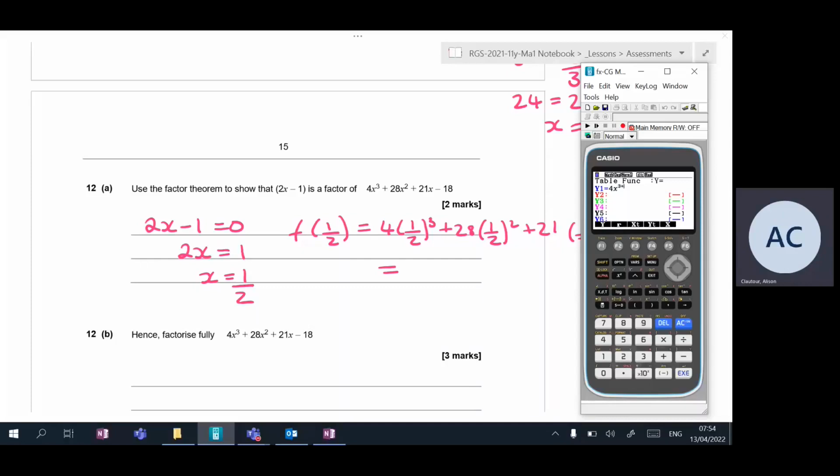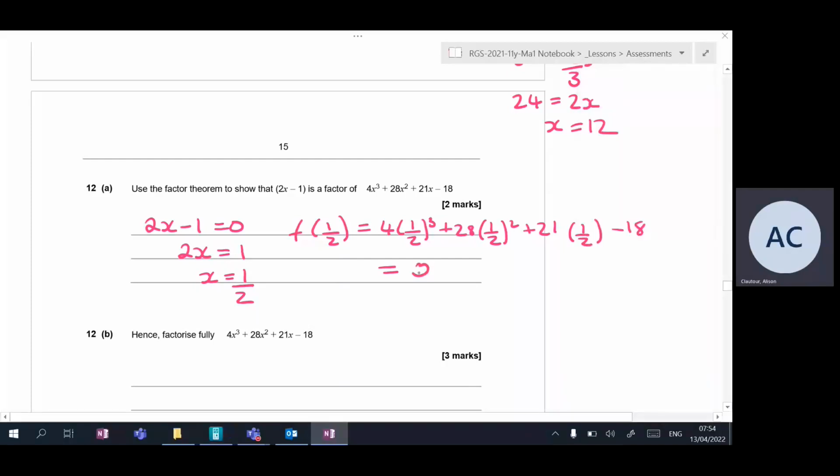So 4x cubed plus 28x squared plus 21x minus 18. Okay, so it'll give you a table of values and you can just overwrite. So if I type in a half, it will show me that it equals 0. So that's a really handy way and definitely less fiddly than typing all of that in on a calculator.